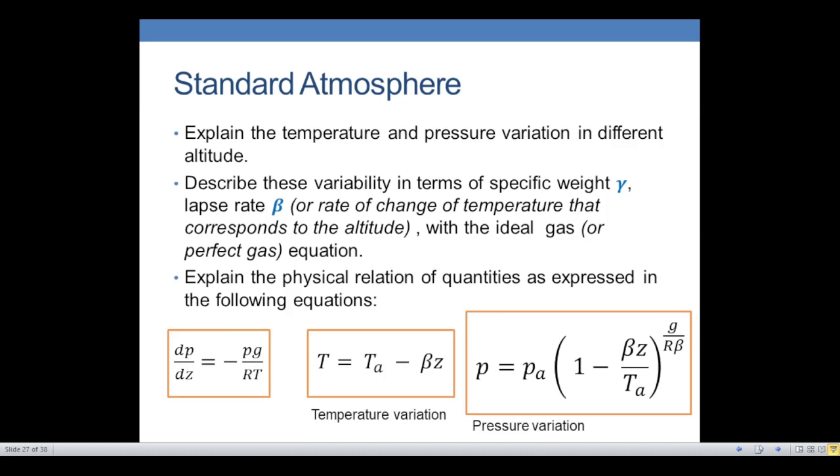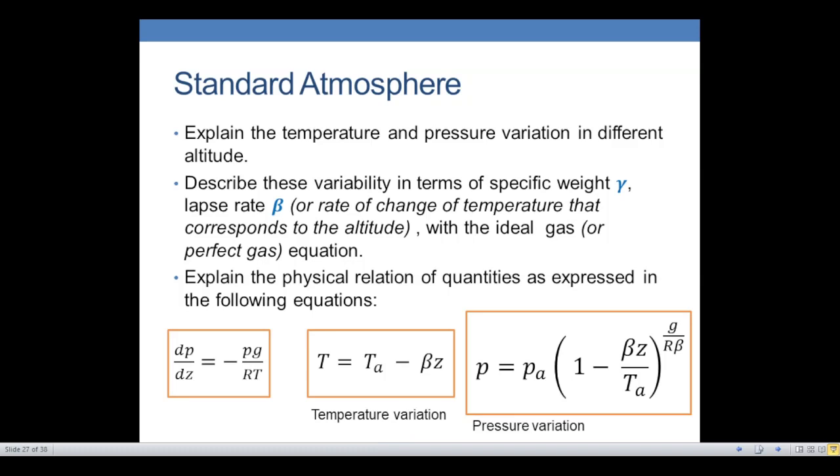The second equation refers to the temperature variation, or the change of temperature as we move from the lowest point of the atmosphere going to the highest point of the atmosphere.